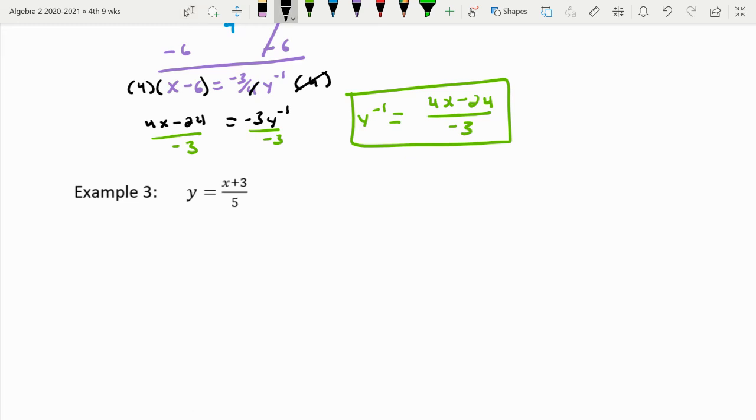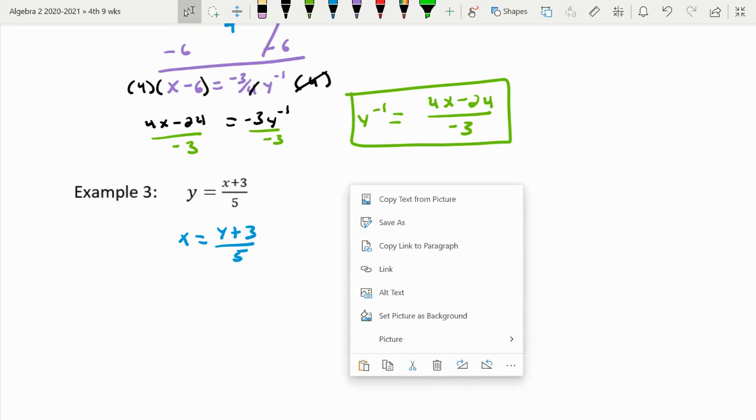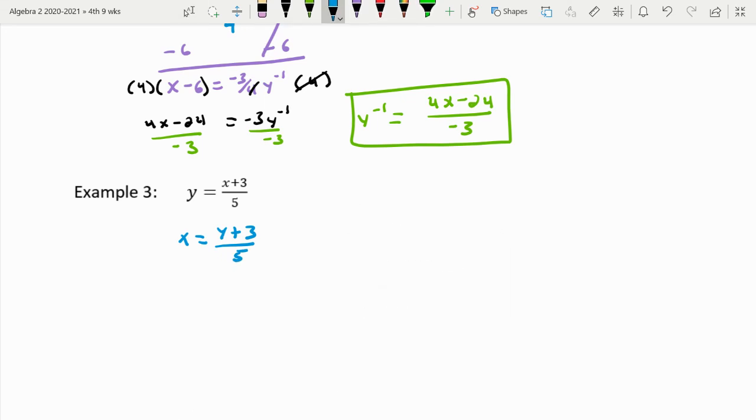Example 3. Let's go on to that one. Y becomes x, and then x becomes y, so we get y plus 3 over 5. Change y to inverse. Then we're going to solve this by multiplying both sides by 5.